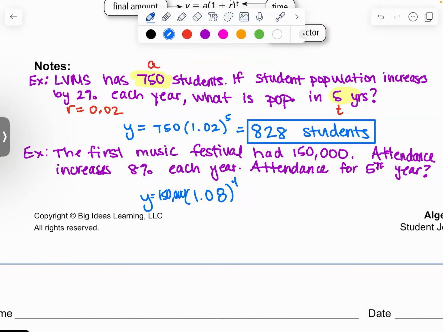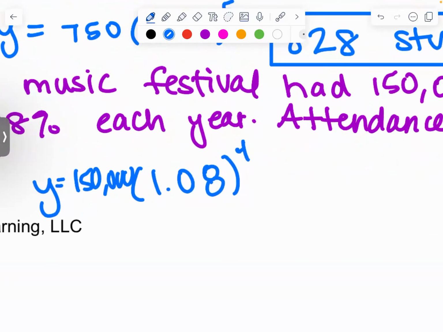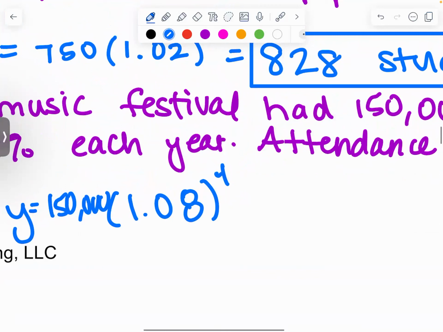Oh, I did it wrong. That's a 4, because it's asking for the 5th year, so that would be in 4 years. You should have 204,073.